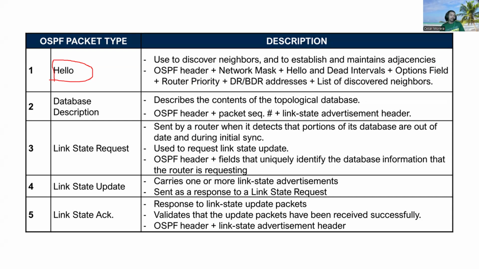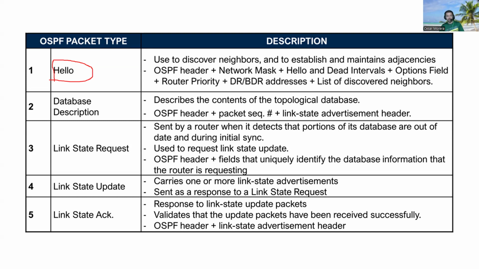Link state request. It is sent by a router when it detects that portions of its database are out of date and during initial sync. It is used to request link state information: OSPF header plus fields that uniquely identify the database information that the router is requesting.